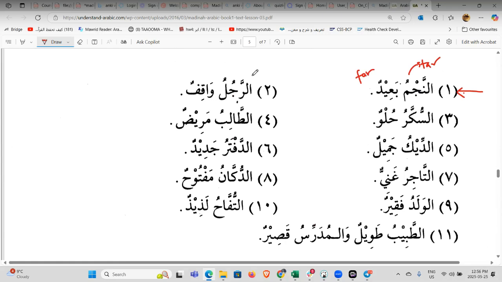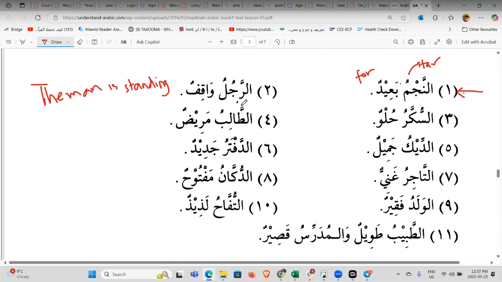الرجل واقف. The man is standing. He's standing. So one question for you guys. If I wanted to say the standing man, what do I need to change?